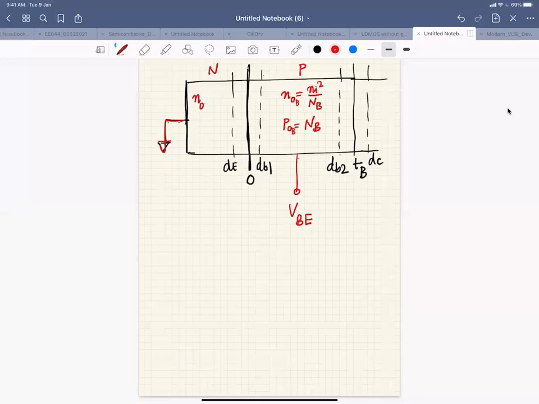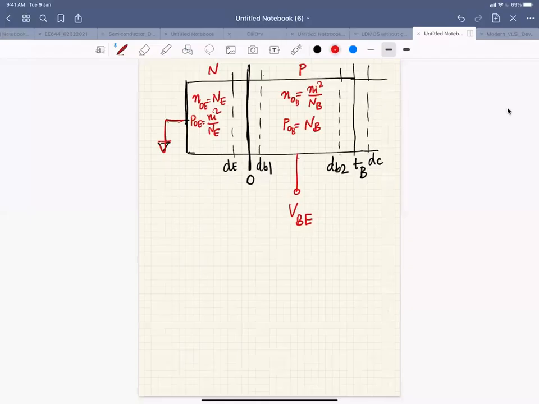Let's say n0e is ne and p0e is ni square by ne. We have done this derivation earlier, so let me redo it.